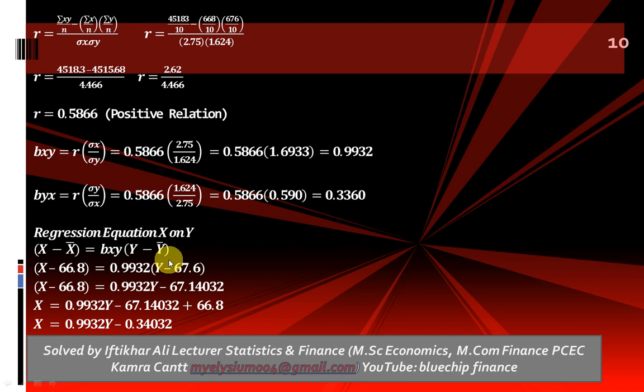After that, we will apply regression equation x on y, which is x minus x bar equals beta x on y multiplied by y minus y bar. Just simply put all the values into this formula and solve it. So regression equation x on y will be equal to 0.9932 y minus 0.34032. This value is an intercept and this value is the regression coefficient of x on y, or you can say it is the slope.